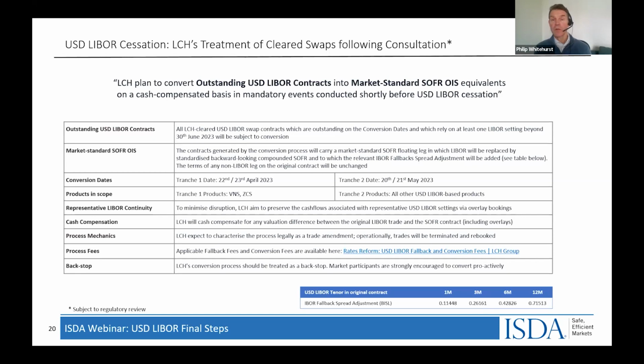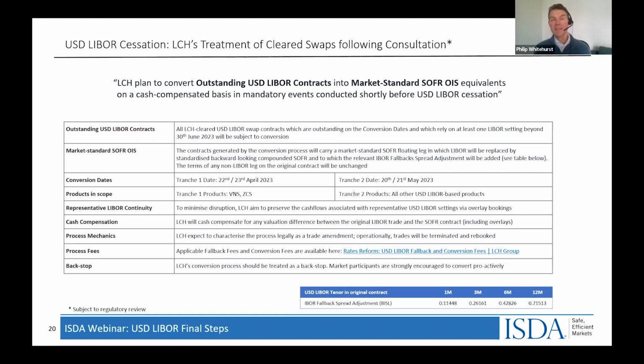We're preserving representative LIBORs. That's being done via an overlay approach. You'll hear that other CCPs are using a slightly different way of achieving that, but for LCH, we achieve that preservation through the overlay bookings.